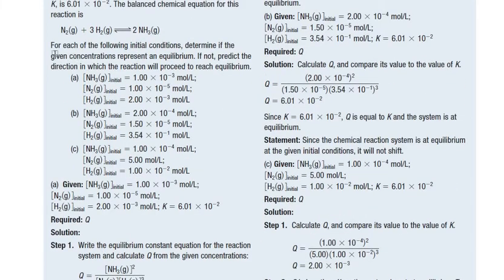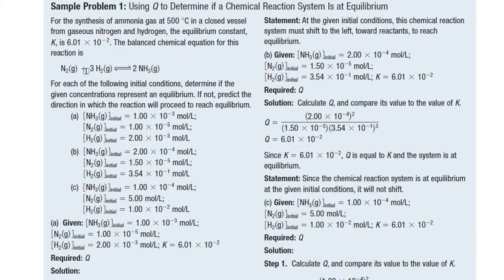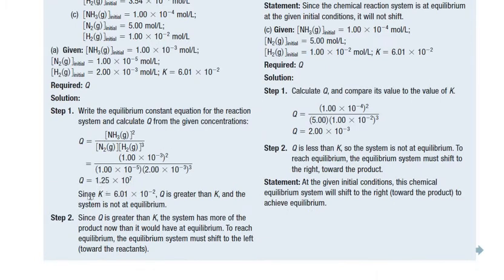Then we compare it with the value of K. As you see here, K is 6.01 times 10 to the power of negative 2. Q is greater than K, so the system is not at equilibrium. So let's see where it is going. Since Q is greater than K, the system has more of the product now than it would have at equilibrium.